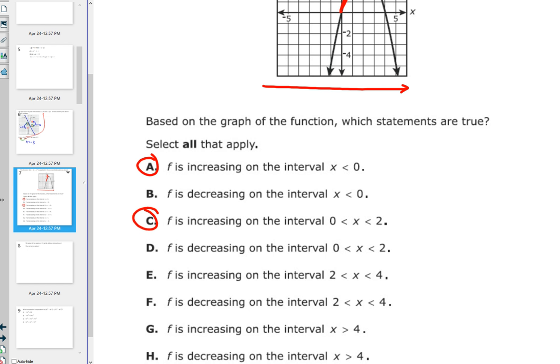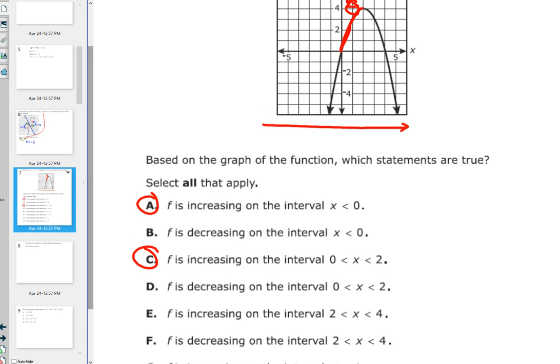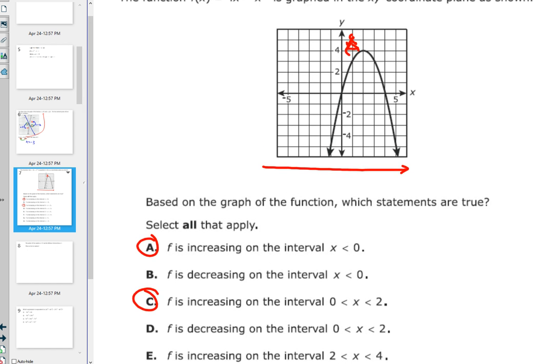Okay, now let's go to the next little piece of the roller coaster between 2 and 4. Notice how what we're talking about here are the x's. Everything has to do with x. So between 2 and 4 on the x-axis, maybe instead of highlighting, maybe if I did this, it would help you see it better. On this little strip of roller coaster now, would Nakai be going up or down?